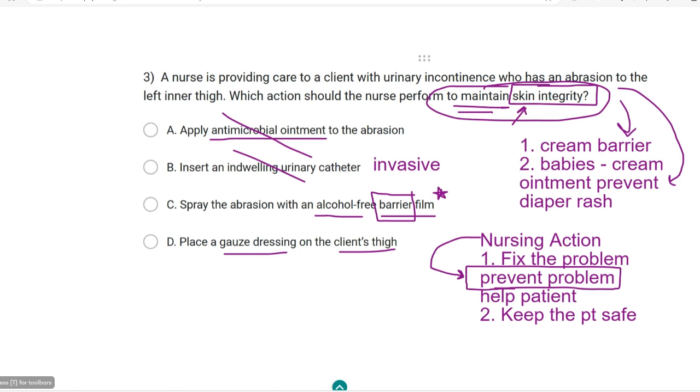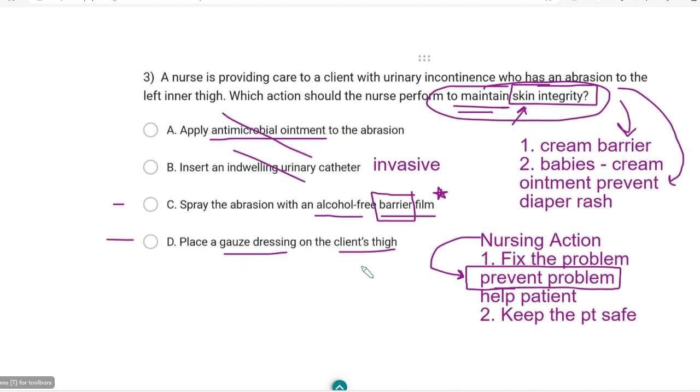Very few dressings will. Now, there are some dressings, maybe some type of Tegaderm film, that doesn't seep through, but that's probably a little more invasive than just applying a barrier film first. Even though it doesn't go on the inside, we're doing a little bit more. So between these two are good choices, but what is the best action? What are you going to do to prevent this problem?